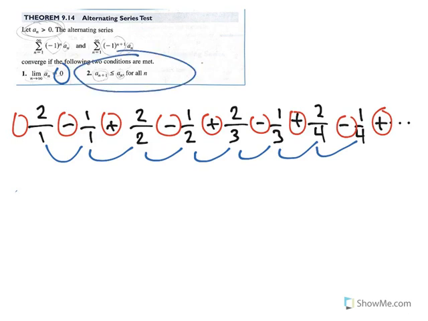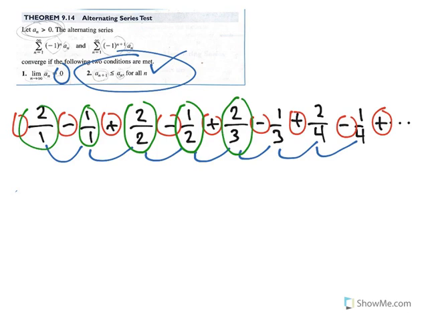However, the second condition is not satisfied for all n, because you can see that, yes, 1 is less than 2, and 1 is equal to 1, and 1/2 is less than 1, but then you have 2/3, which is not less than 1/2.